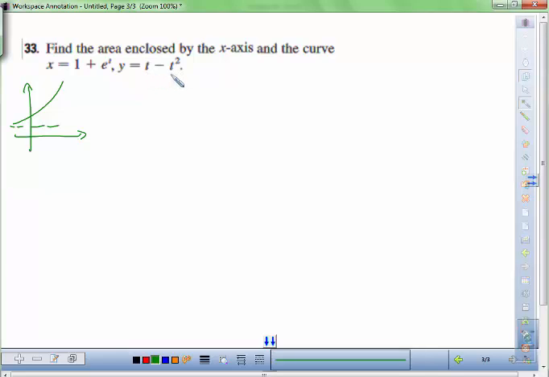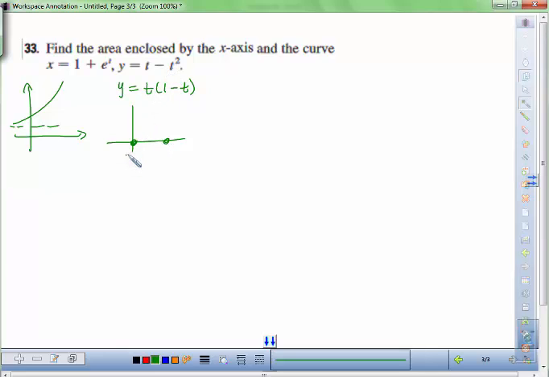Now this thing is not one-to-one. It has intercepts. If you factor out a t, it's 0, so it's going to cross the x-axis at 0 and 1. This is a parabola opening upward or downward.